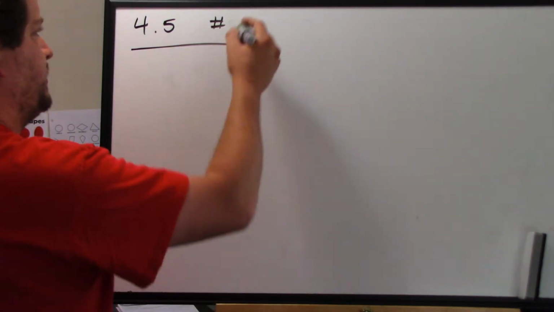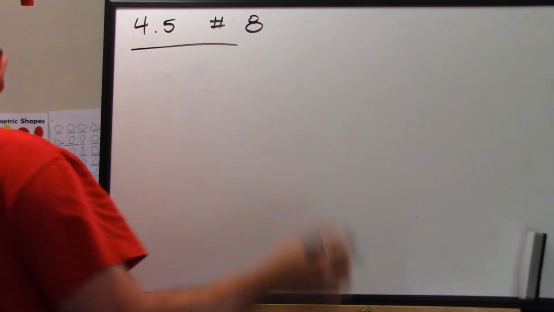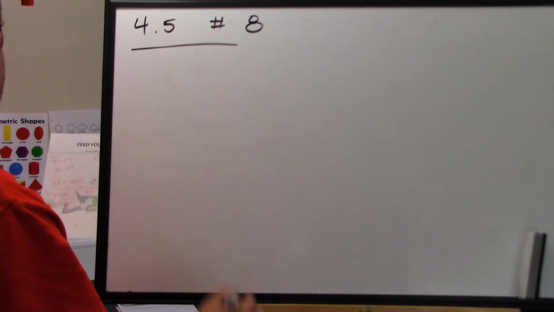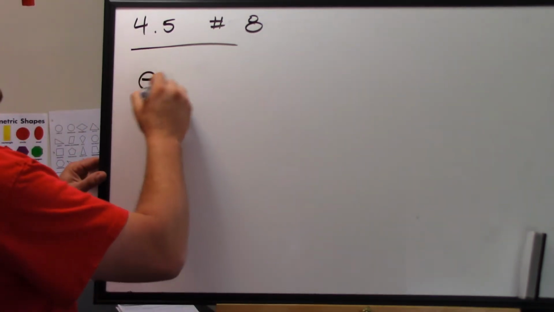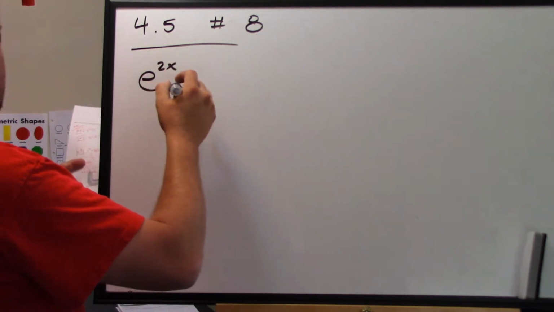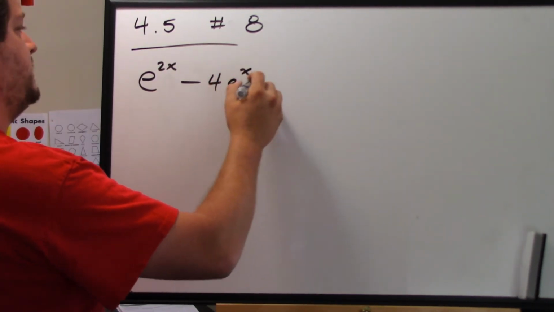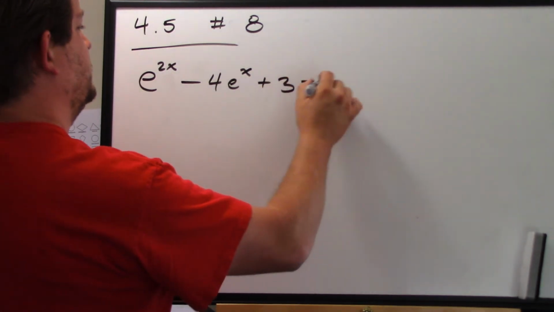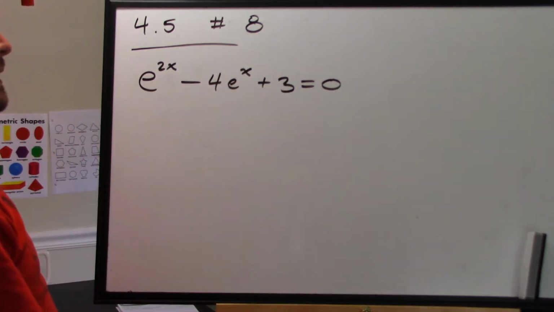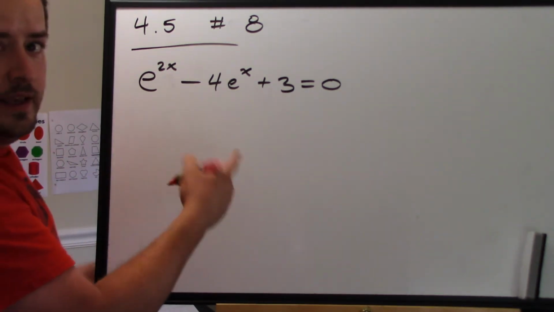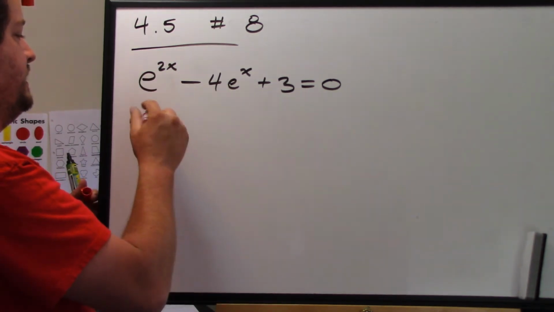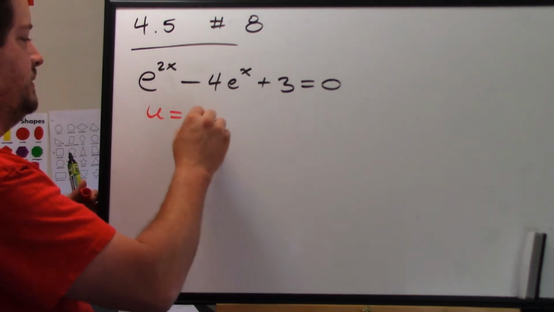All right, let's look at number 8. Which says e to the 2x minus 4e to the x plus 3 equals 0. Okay. Now we're going to use another u sub here. We've seen these before. This looks like a quadratic, and it is. e to the x I'm going to let equal u.